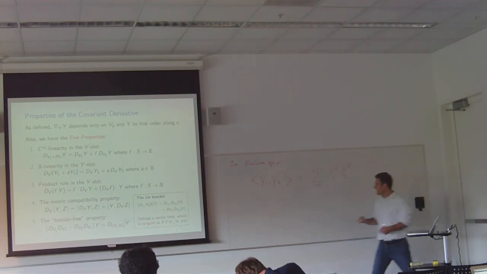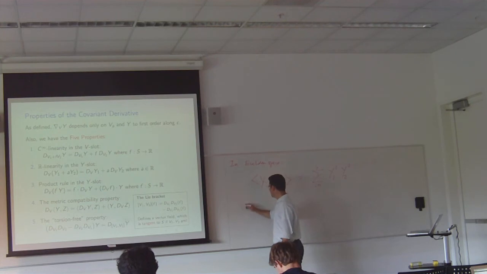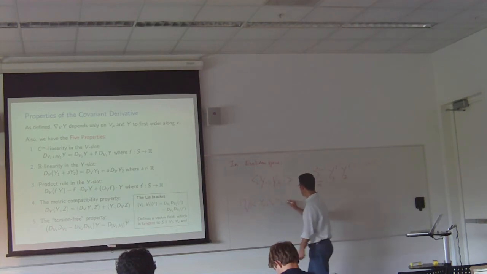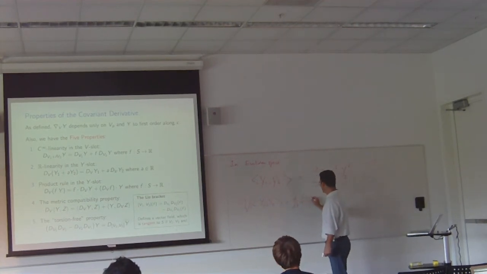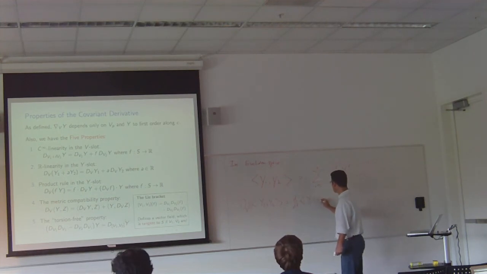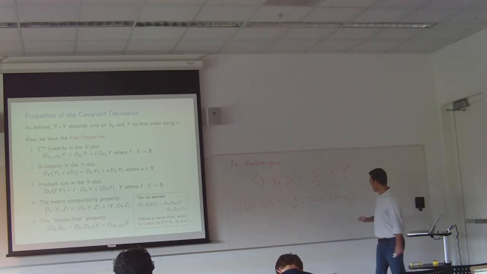If I now differentiate this, I take dv of the inner product of y1 and y2, which is d by dt of y1 along a curve and y2 along a curve, at t equals 0.